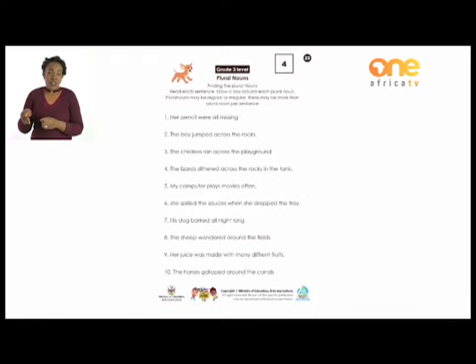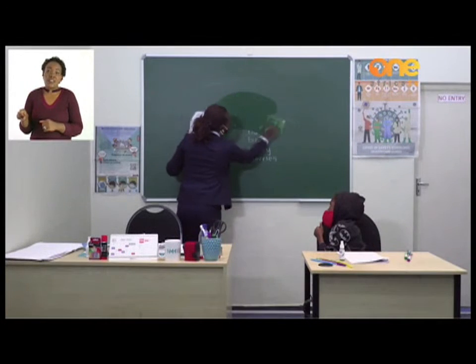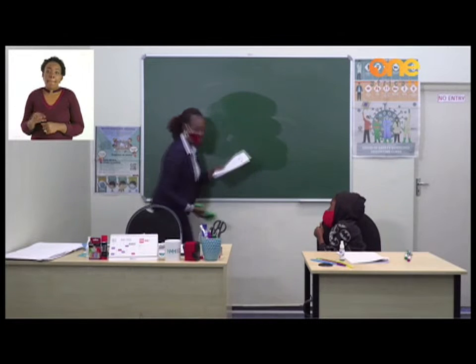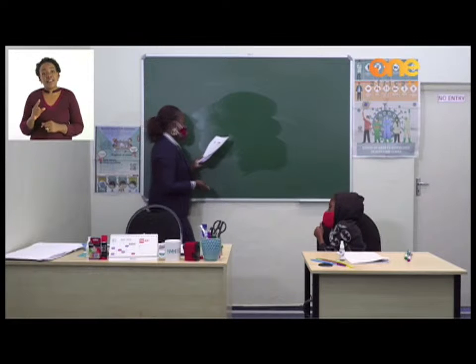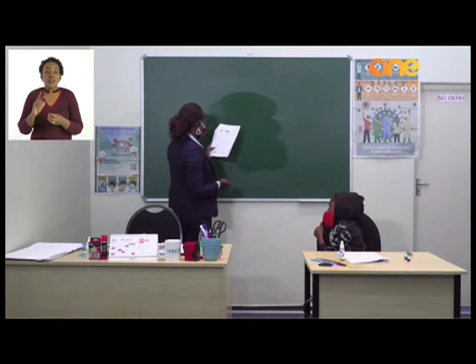Let's do number 1. We are told to draw a box around each plural noun that you can see from a given sentence. Okay? Let me rub here.